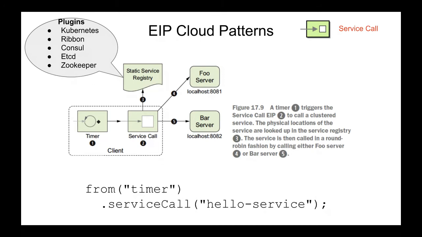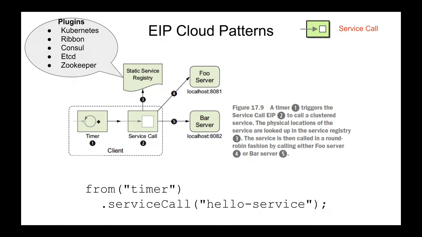Now, this pattern was created a bit before Kubernetes existed. Kubernetes has made it much easier to call services, so it might be obsolete and not so often usable when you use Kubernetes. But if you're not, you can still use some of the other service registries.